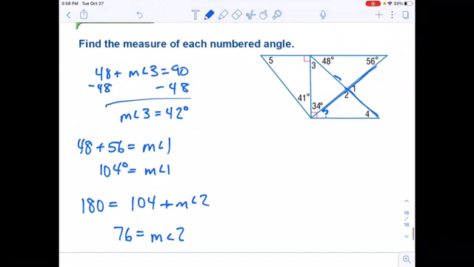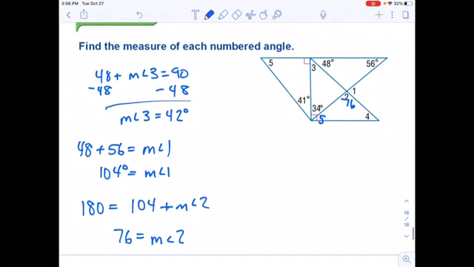If I solve for the measure of angle 4, I already know 2 is 76. I am going to actually need to find that question mark angle. So I take 90 minus 34, and I get that this angle equals 56.